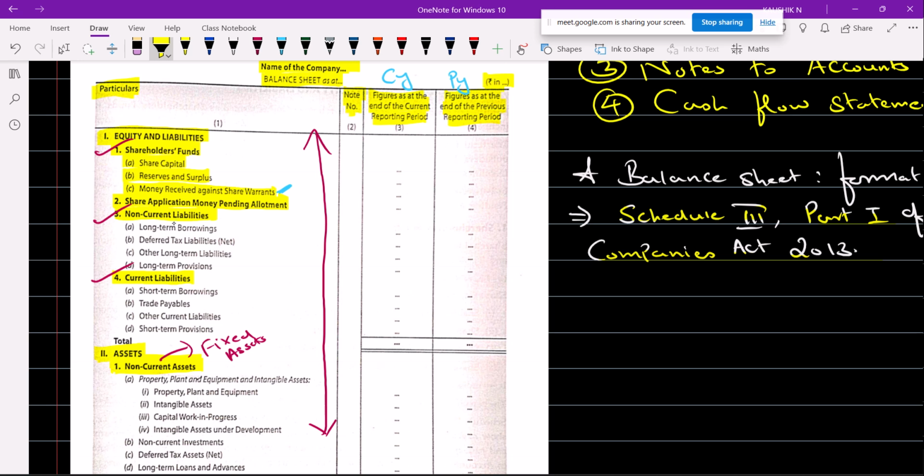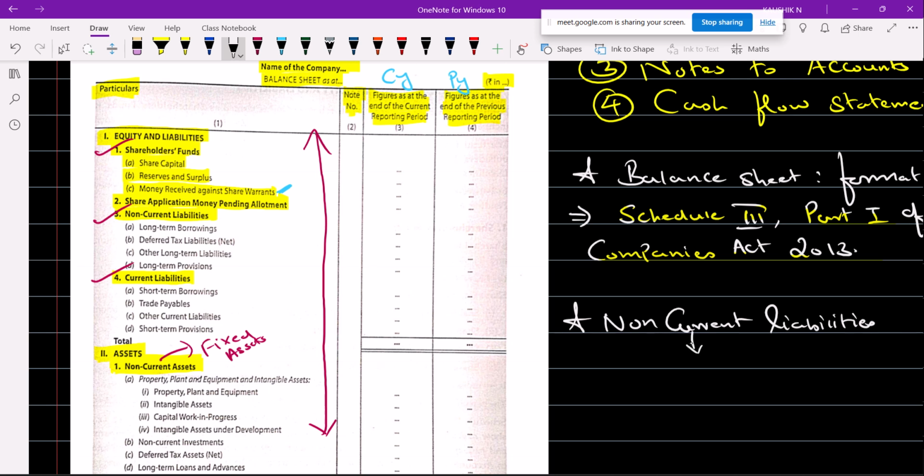And then moving on to non-current liabilities. Non-current liabilities are any liabilities which are more than 1 year. So you should understand what a non-current liability is. Current means within 1 year.